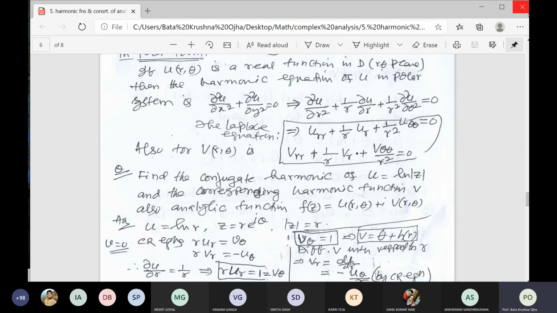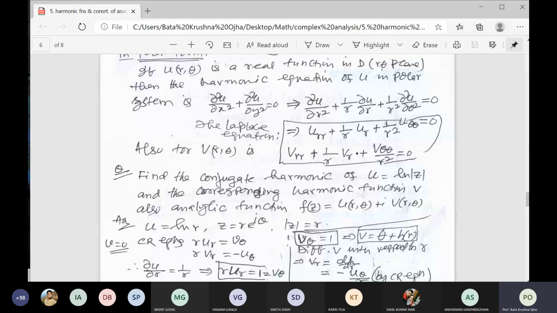In short form, u_rr plus 1 by r u_r plus 1 by r square u_theta theta. Similarly, for v in polar form, v_rr plus 1 by r v_r plus v_theta theta by r square is equal to 0. So remember these two forms.